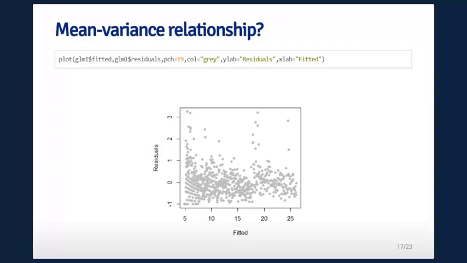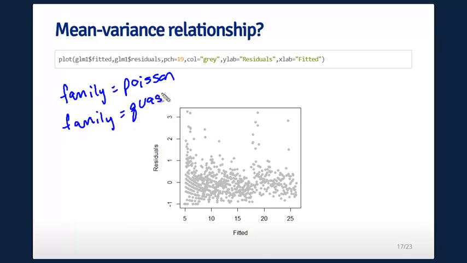One thing you can do in this case is instead of family equals Poisson in the model, you could do family equals quasi-Poisson, and then it will add a multiplicative factor, so the variance is not just equal to the mean, but it's the mean times a factor.